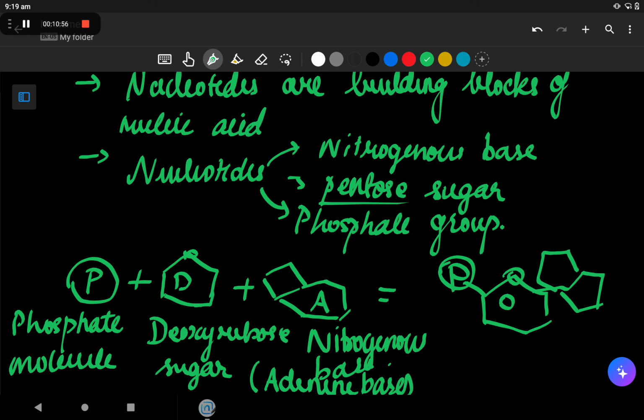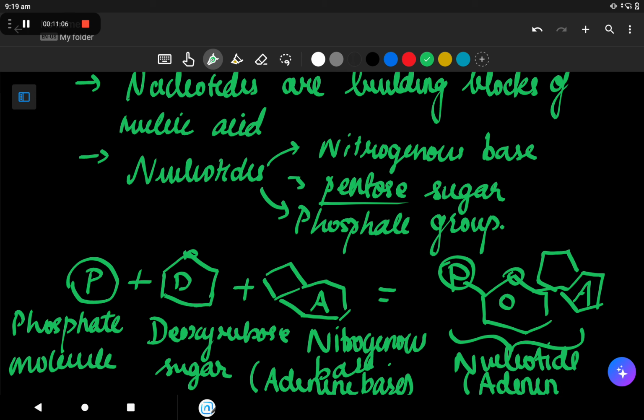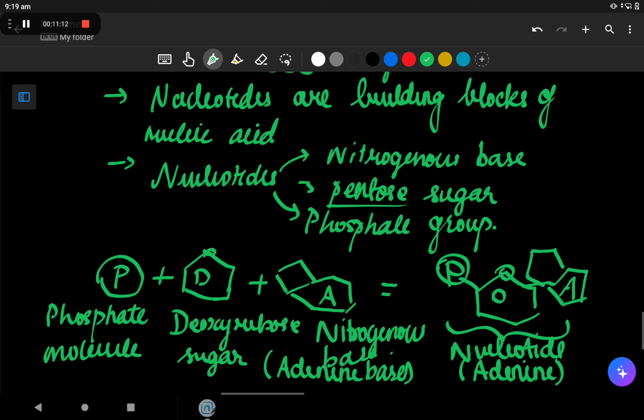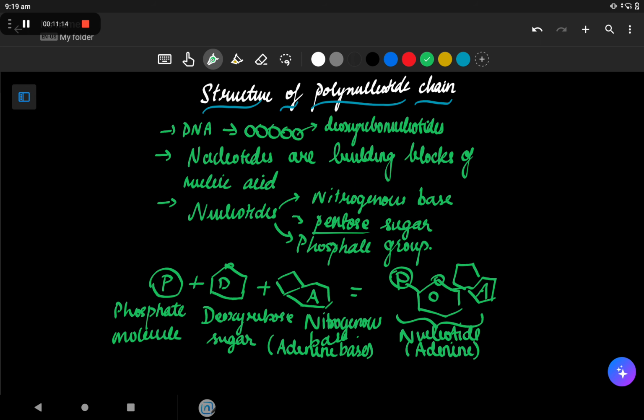Phosphate molecule attached with the sugar, attached with the adenine group, and this overall thing is called a nucleotide. In this case, it is an adenine nucleotide. Got it? This is all about the structure of polynucleotide.